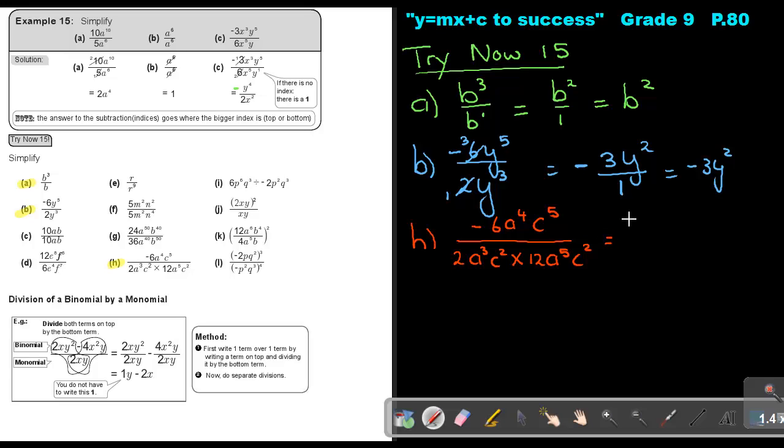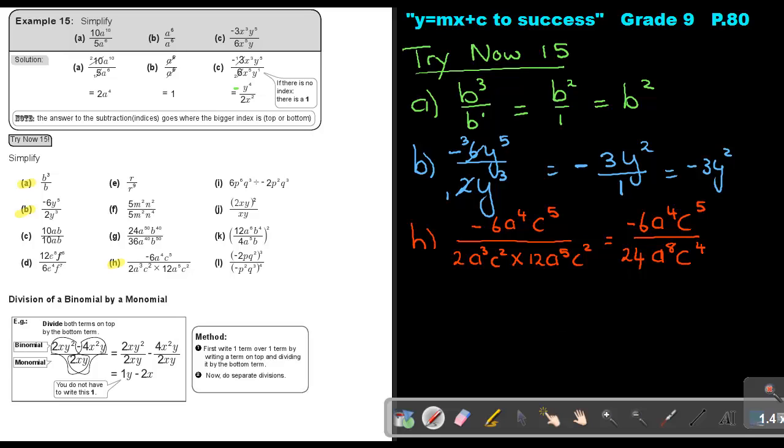So let's first rewrite that one. We always rewrite a lot of times in algebra. Okay, now 2 times 12, what will that be? 24. And now look, when we have the same base with exponents, what did we do? We were adding, can you remember? So 5 plus 3, that will be 8. And then C, 2 plus 2, that will be 4.